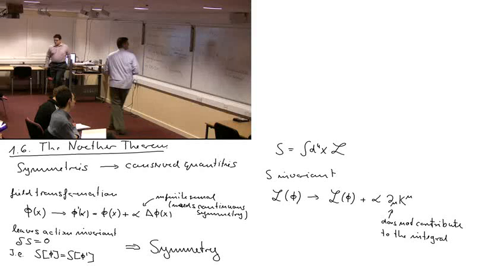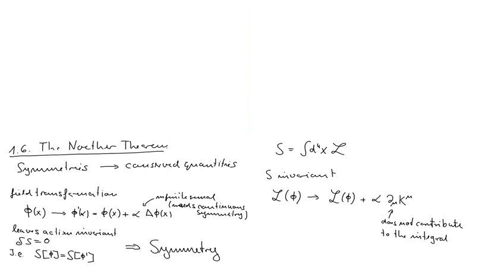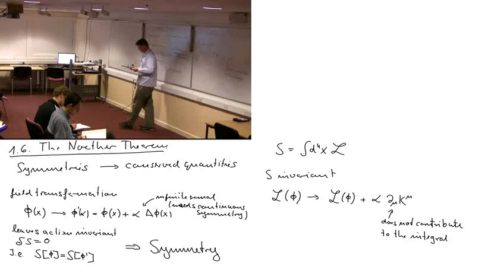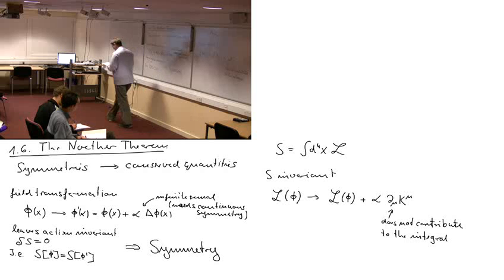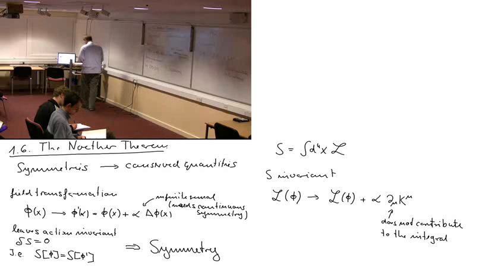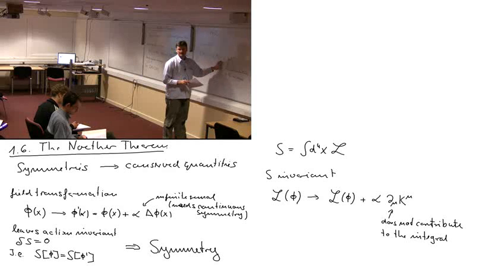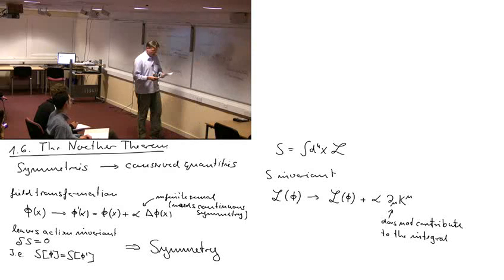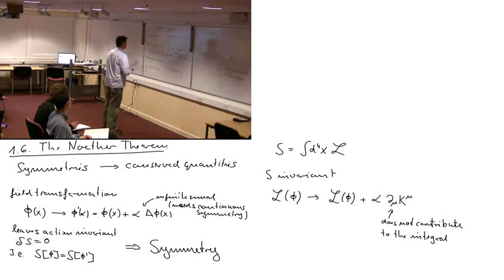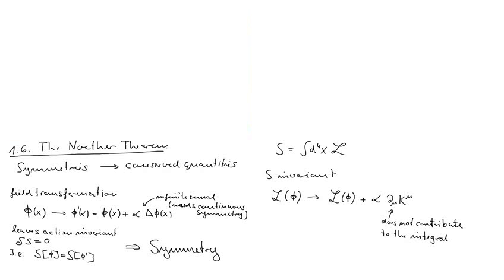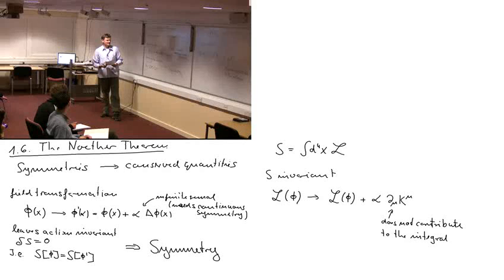Okay, so now that we know how our Lagrangian changes under the transformation, we can compare the change in the Lagrangian that we are allowed to have if the thing is supposed to be a symmetry to the one we can directly obtain by plugging in the field transformation.